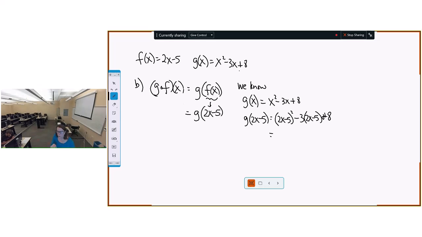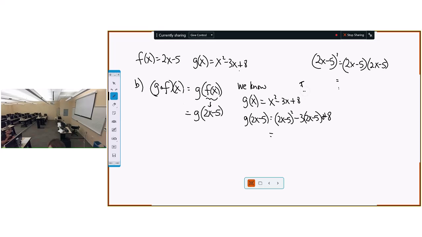Okay, are you all familiar with the shortcut to multiplying a binomial by itself? No. Okay, do you all know FOIL? Yeah. Okay, so let's go up here and do 2x minus 5 squared. So that's 2x minus 5 times 2x minus 5.